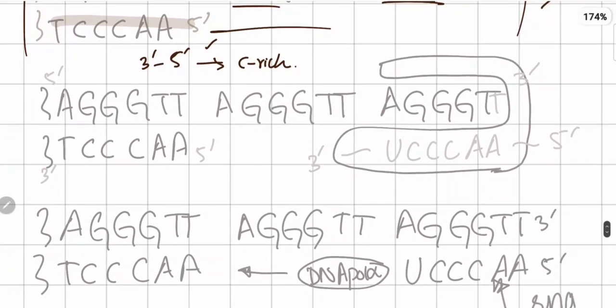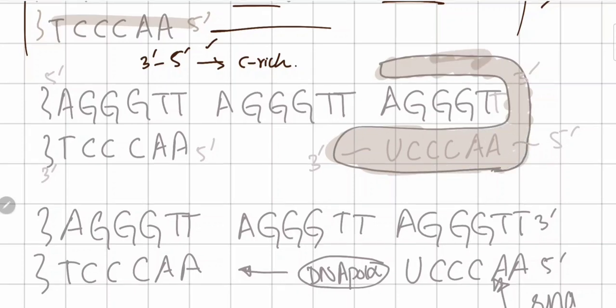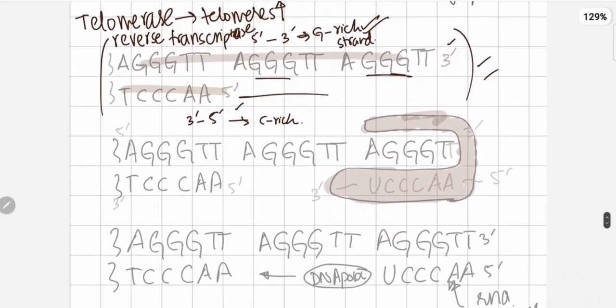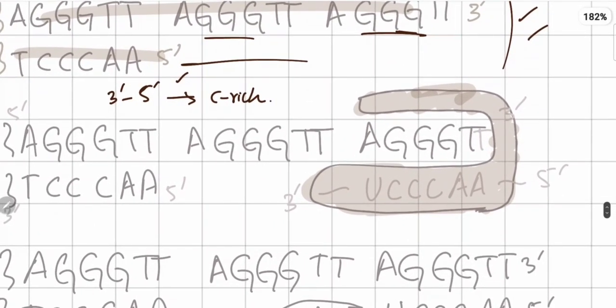The telomerase enzyme is this one right here. This telomerase enzyme is multi-subunited. It has the enzyme, right here, and it also has an RNA primer attached to the telomerase enzyme.